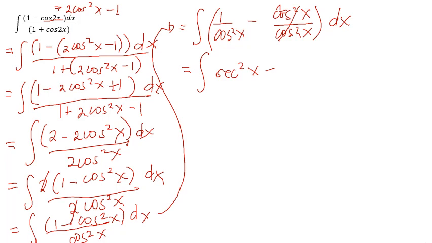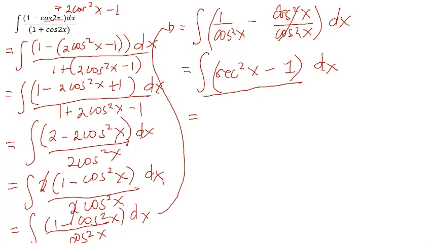So I have 1 here, quantity dx. So I just simply manipulate it through my trigo identities, and I end up with this simple equation here, integration of secant squared x minus 1 quantity dx.